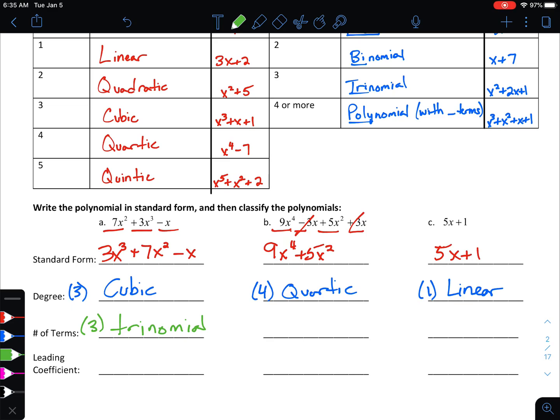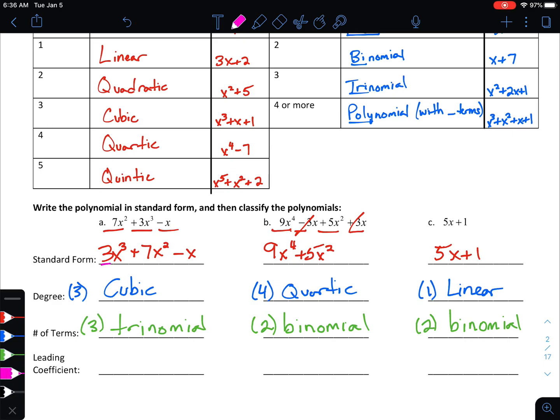Next, for example B, we just have 2 terms there. So that would be an example of a binomial. So the full classification for example B would be a quartic binomial. And C would actually be the same. It has just 2 terms. So C would be a linear binomial.